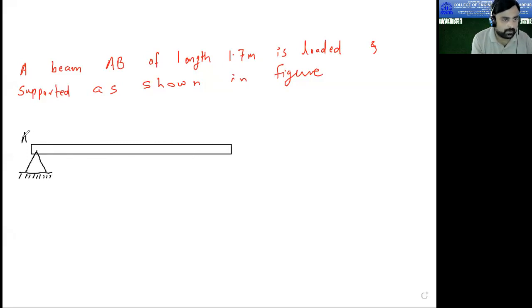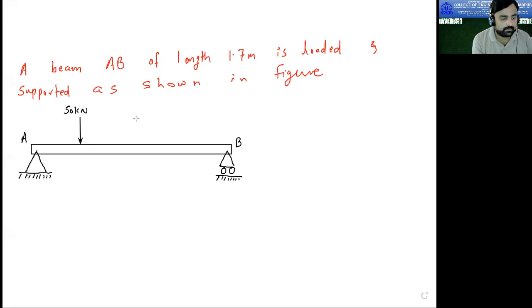This is your point A, the support provided at point A, and also a support is provided at point B. This support at point B is the roller support. Now loading is also given to us. First, here is a load of 50 kilonewton.